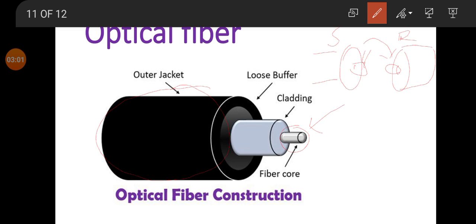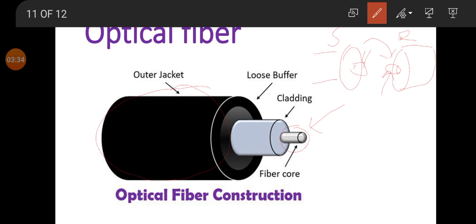Clear? So now at the receiver side it makes use of light sensitive transmitters. At the receiver side, inside this fiber some light sensitive transmitters are used, and those will detect the light signal, and based on that detected light signal they can easily identify the absence or presence of light.